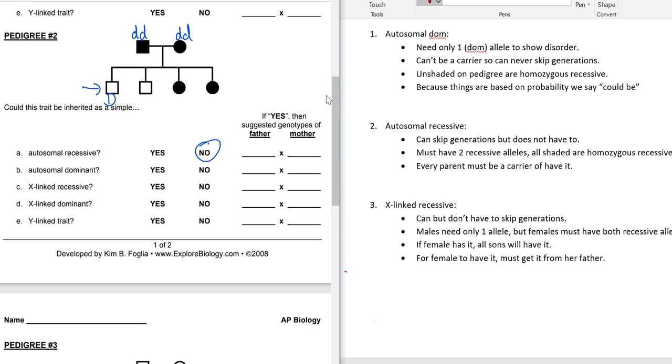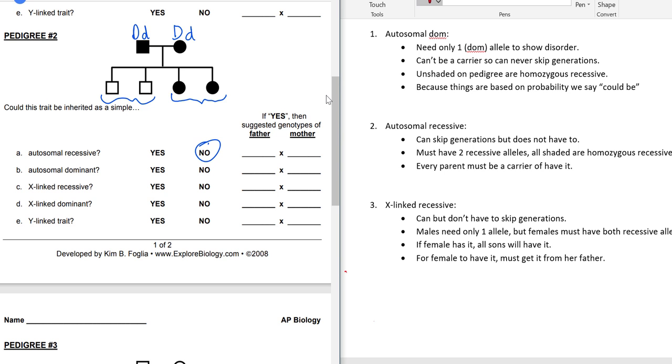Autosomal dominant. So if we look at autosomal dominant, that would mean that each of these parents would have to have at least one dominant allele, and therefore, in order to have children that have the disease and children that don't have the disease or trait, they would have to be heterozygous.